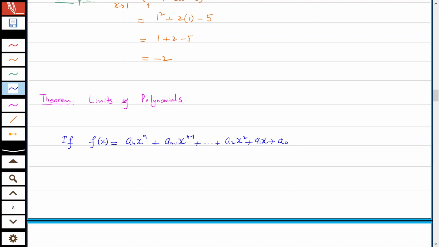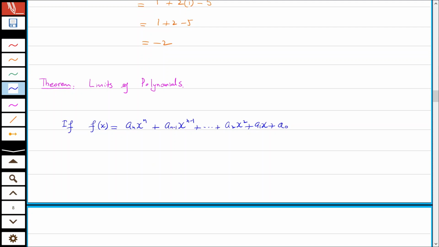And you never get a negative exponent on x, and no radicals, all positive integers. In that case, limit x approaches c of f of x is simply f of c for polynomials.